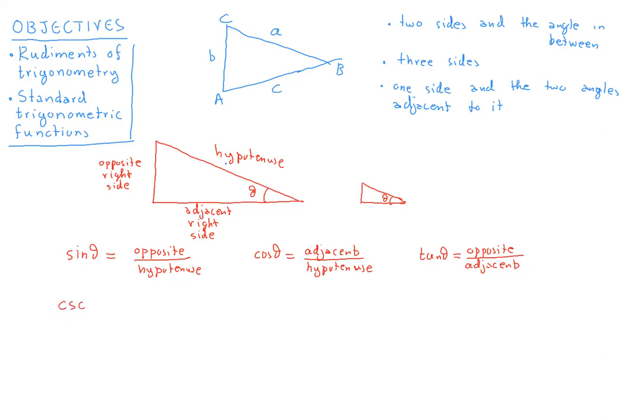It's denoted by CSC. Then the reciprocal of cosine is called secant. And the reciprocal of tangent is called cotangent.